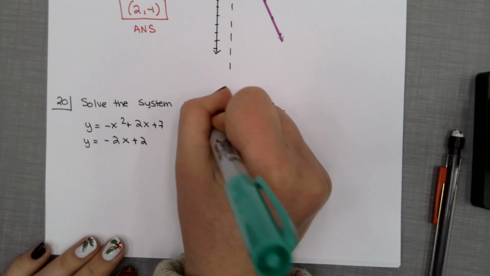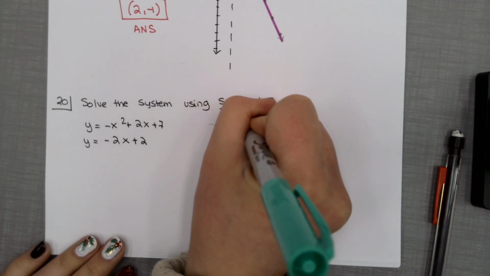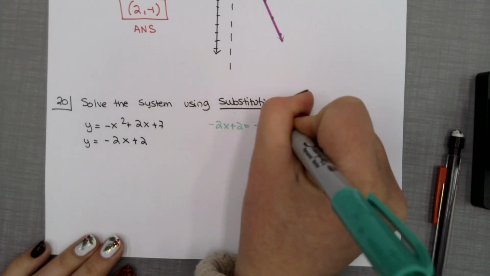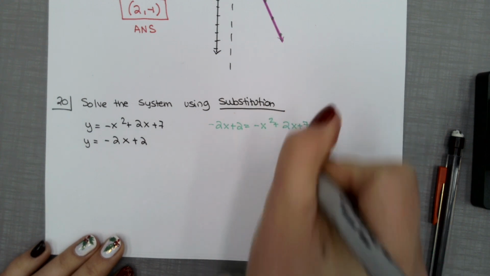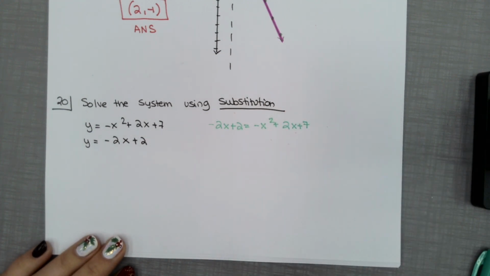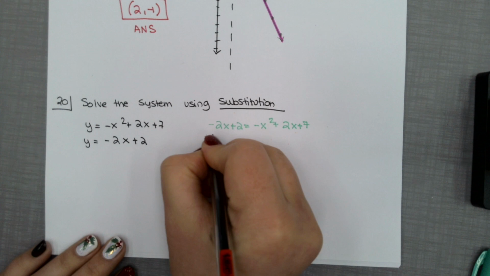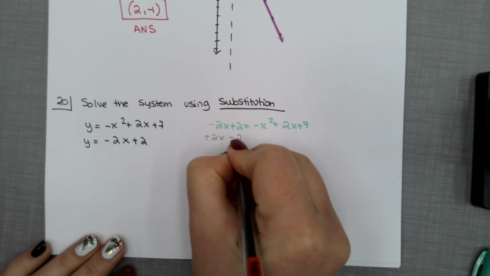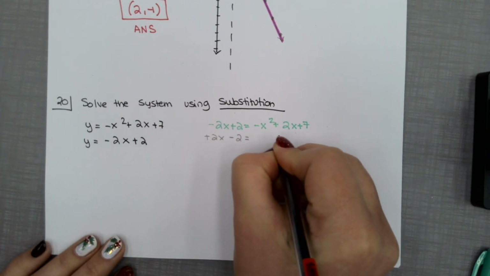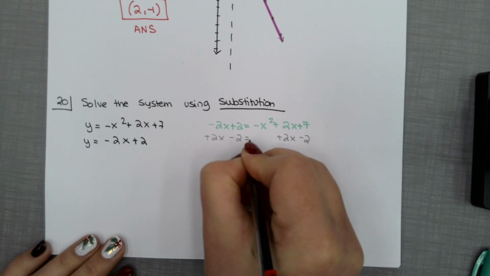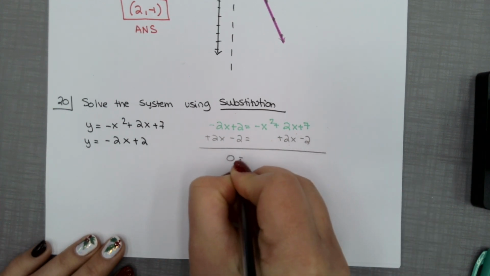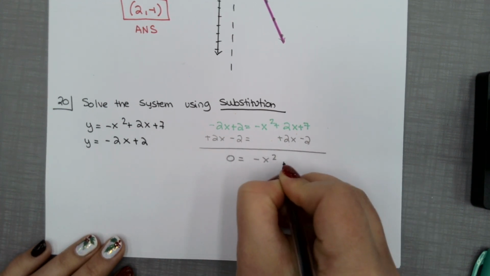So we're going to set them equal to each other. Move them over all to one side. So it doesn't matter which side. I'm going to choose to move everything over to the right-hand side. And the important thing is you have to have it equal to 0.